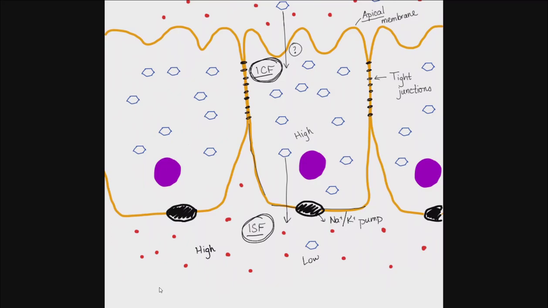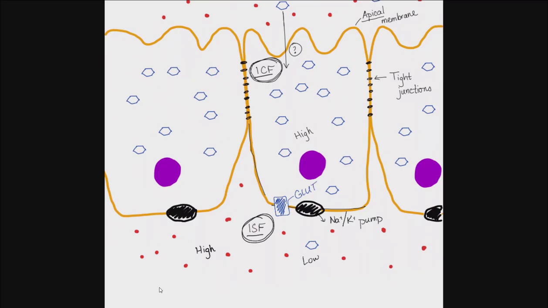No. Glucose naturally wants to move out of the cell. All I need to do is give it a carrier protein that will allow that movement to happen. So the carrier protein that I'm going to put in is called a GLUT carrier. It does not use ATP.